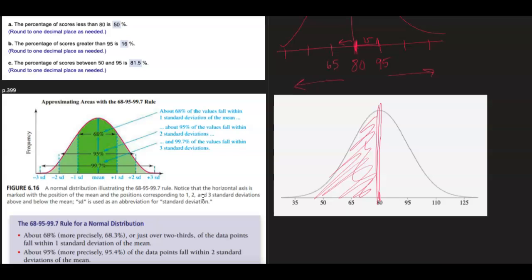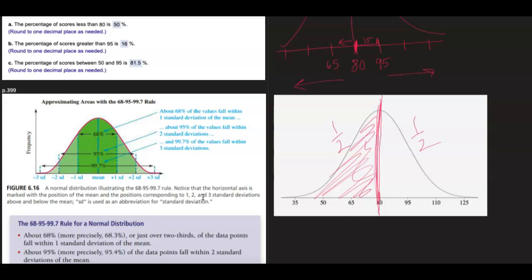Well, this isn't explicitly stated in the 68, 95, 99.7 rule, but it's more so stated back when we first looked at that definition of normal curve, that it contains symmetry about the mean. In other words, half of what we see on one side is expressed on one side, and the other half is expressed on the other side of the mean. This is that line of symmetry. Half is on the left and half is on the right.